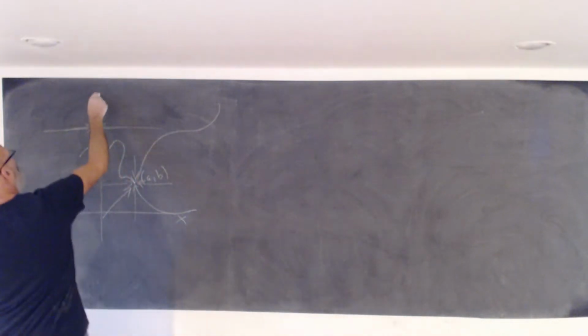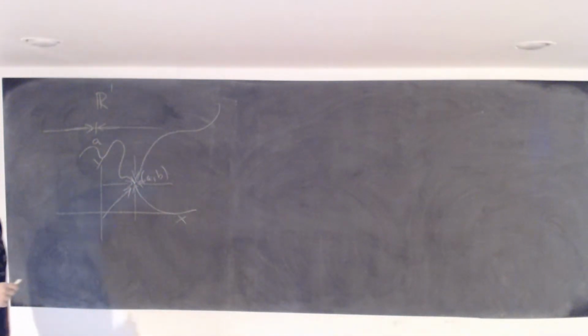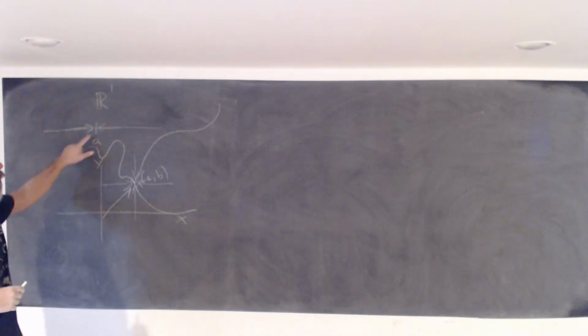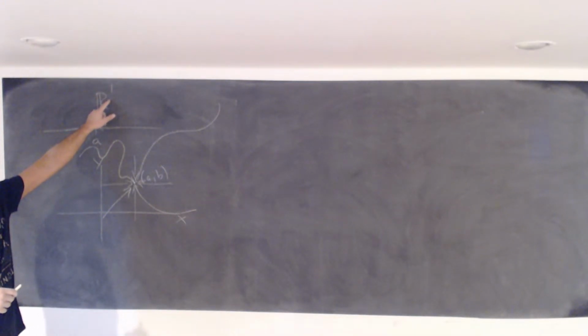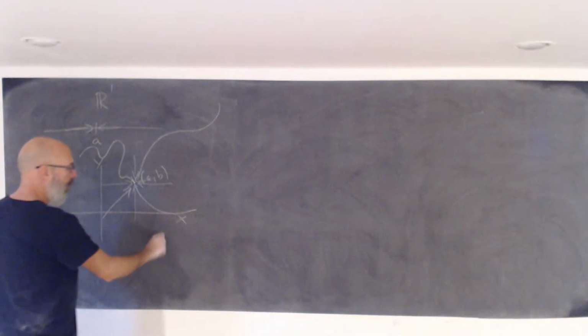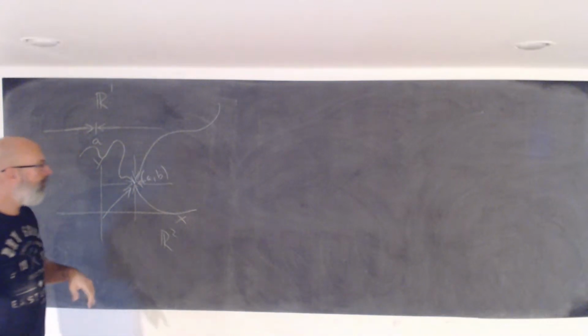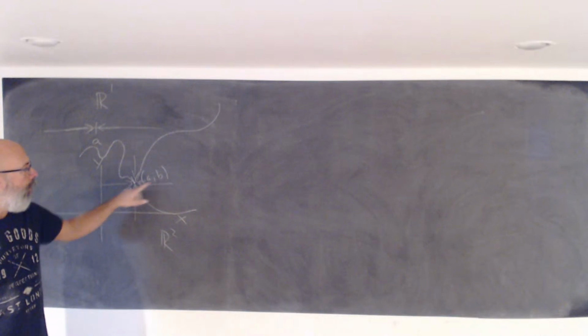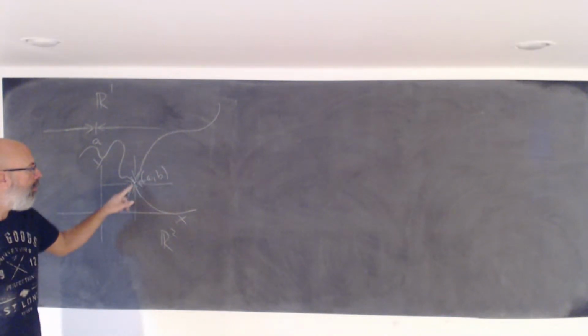When I say dimension, right here I was in R1. On the whole real line, this had dimension 1. Here, we're dealing in R2. A point has two coordinates, 2 dimensions.